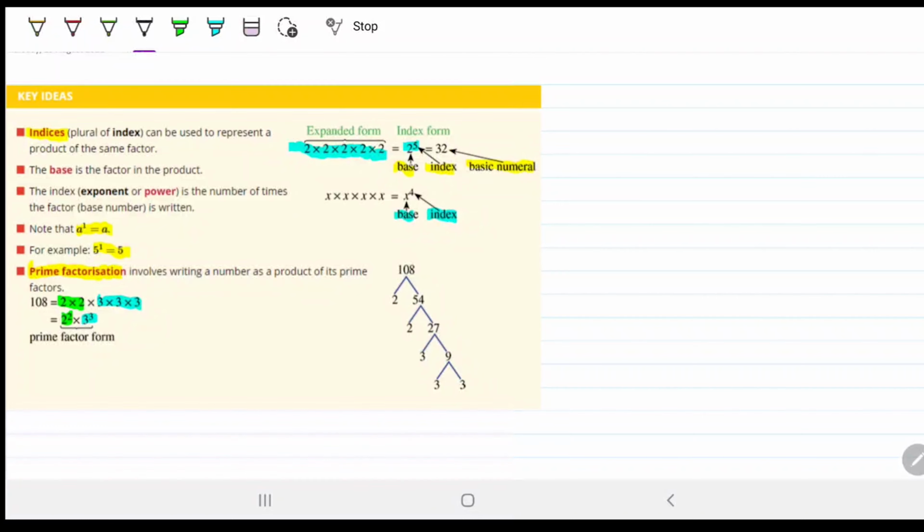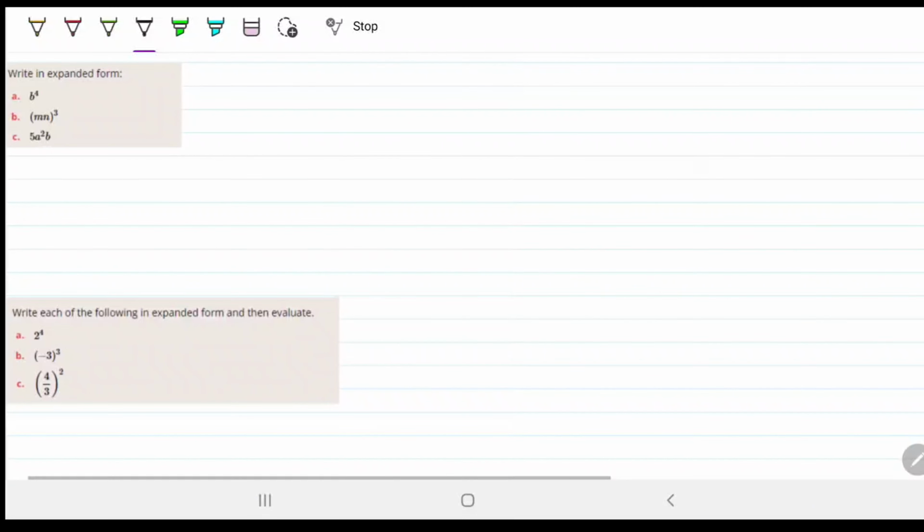Okay, so let's move down and do a couple of examples. So the first one that I have on my screen is write in expanded form b to the power of 4. So you guys would remember in expanded form, this would be the same thing as saying b times b times b times b.